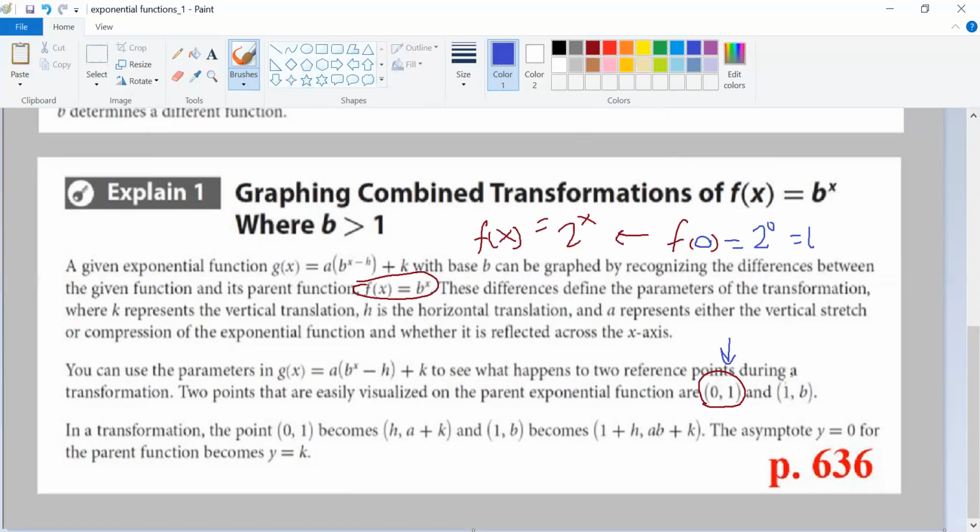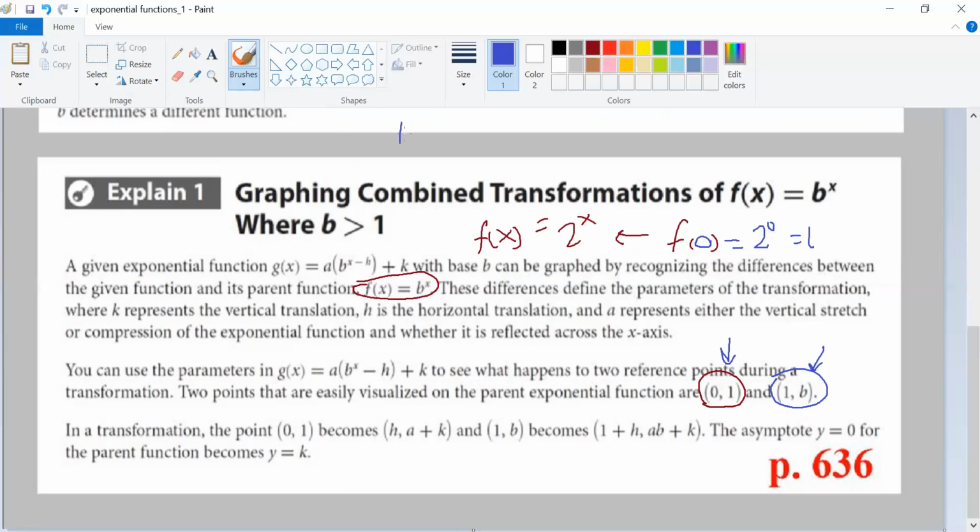And the other one is when the domain value is 1, the output should be the value of b. In our case, it would be 2. And you'll see with the transformations what changes. All of these values, which are a little difficult to get used to in the beginning, become pretty easy.